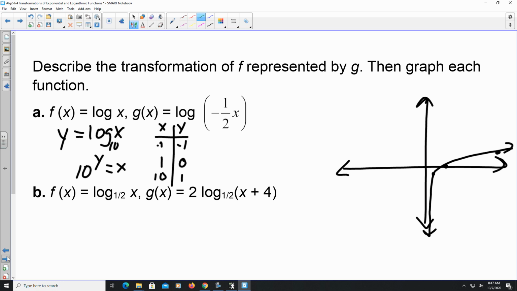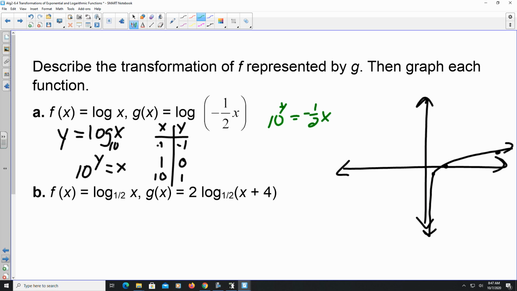Looking at the second graph, this one will appear as 10 to the y power is equal to -1/2 x.